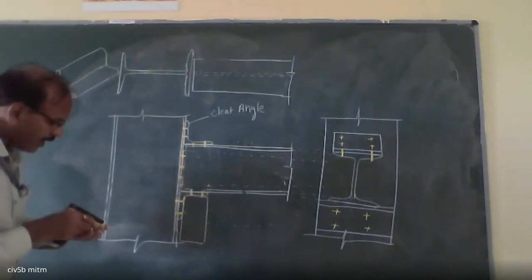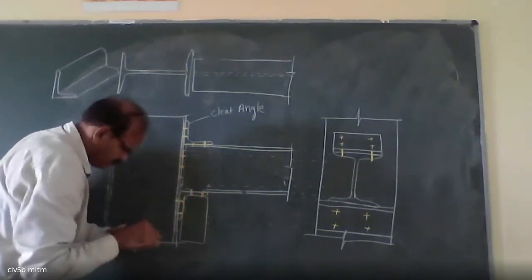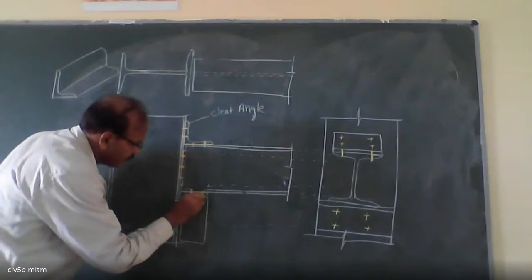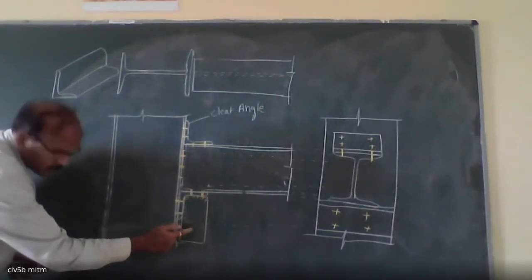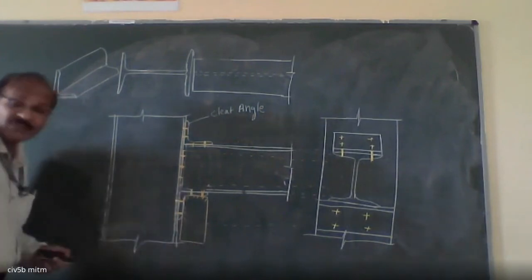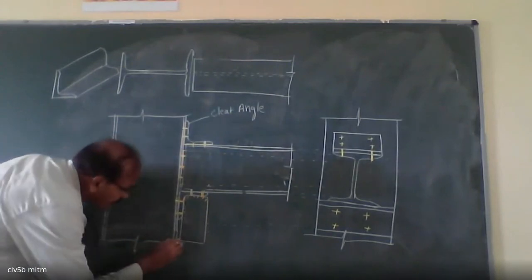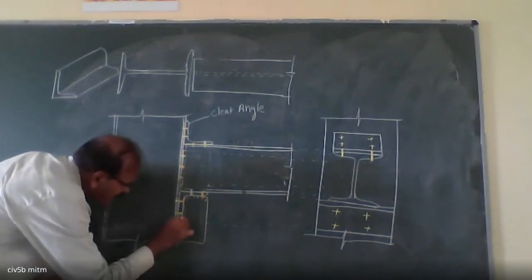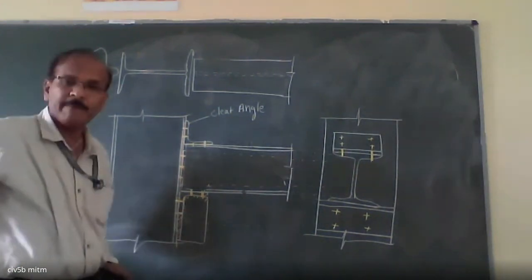Okay. And possibly we are going to weld this here. And there is going to be a space between this stiffener plate and the flange of the I section. So we are going to fill that portion with fillers. Basically, that is a small plate just to fill the gap.